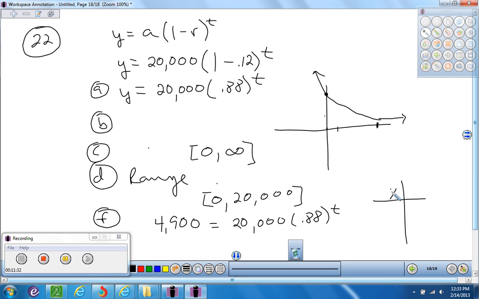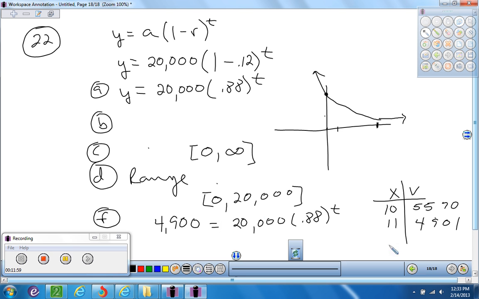So if I plug in numbers for this, if I put in 10 years, the boat is worth 5,570. Okay, so if I put in 10 for t, I should get this. Now if I put in 11 for that, I get 4,901.